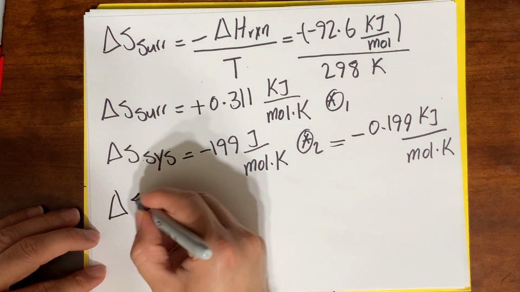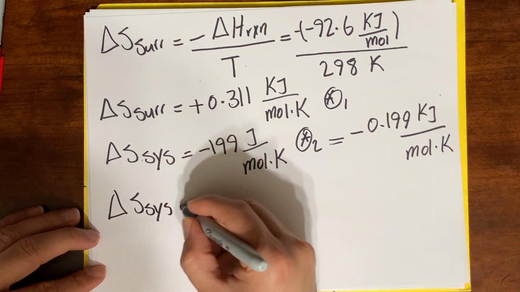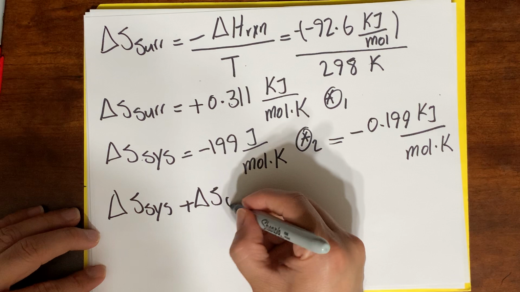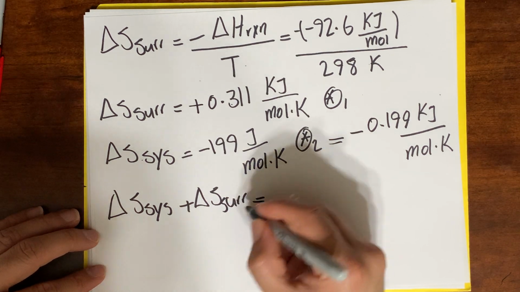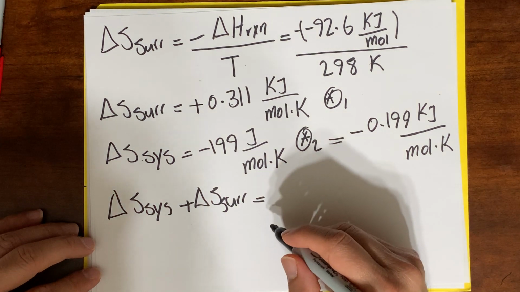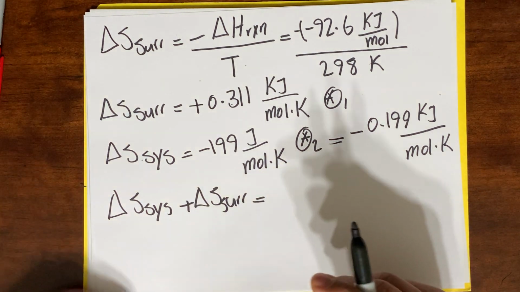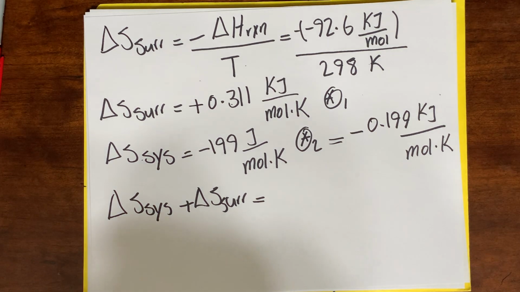So delta S of the system plus delta S of the surroundings gives us minus 0.199 plus the surroundings term.